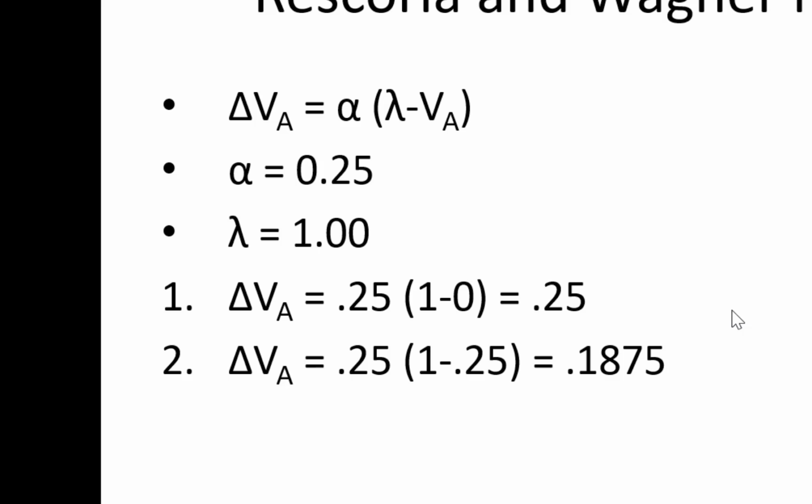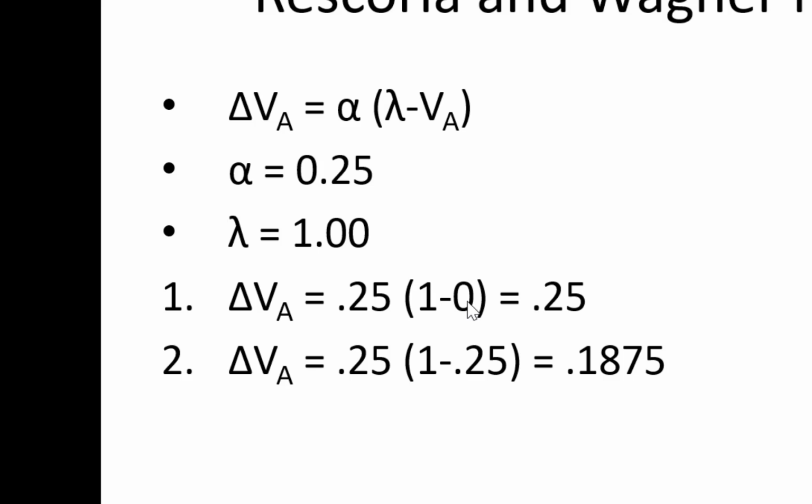It's had some experience. What's the change in associative strength of A? Well, it equals 0.25 times 1. Why is it 1? Because it's reinforced. Metronome plays, we get food in its mouth. But look at this. It has some expectation. Why is this 0.25 here and 0 here?